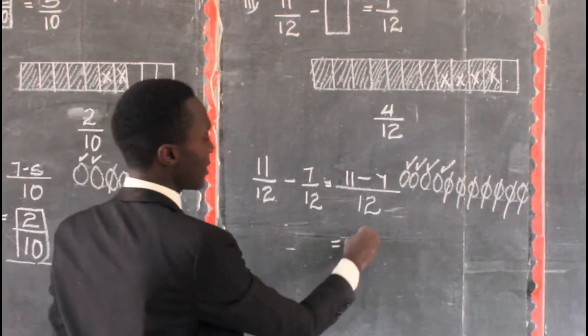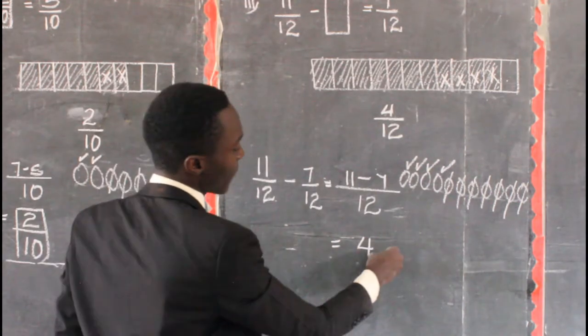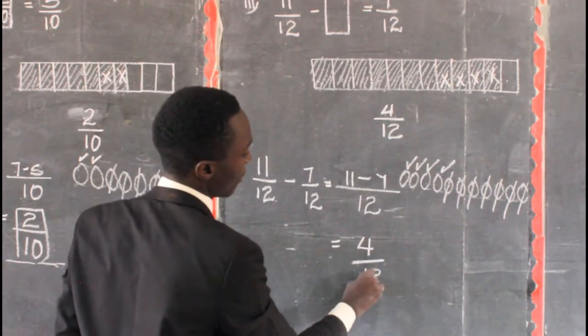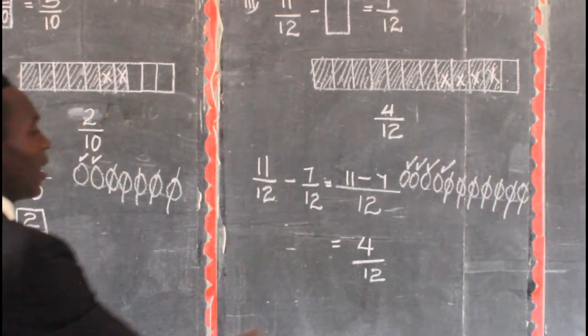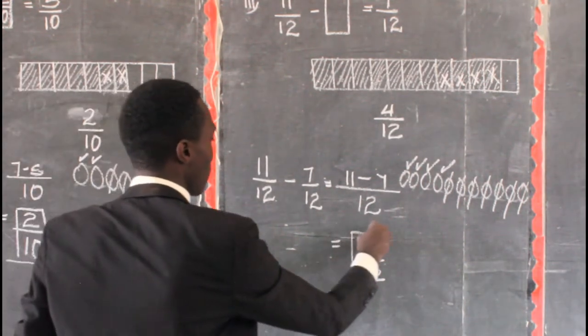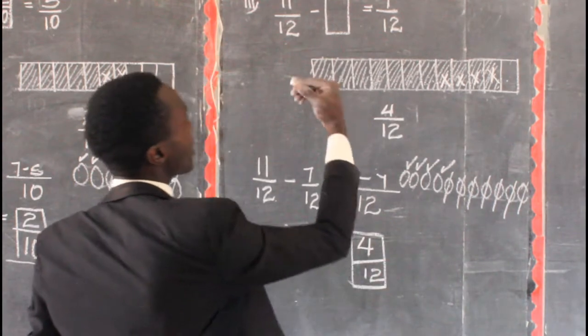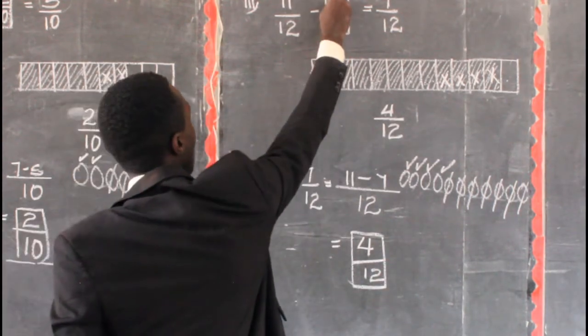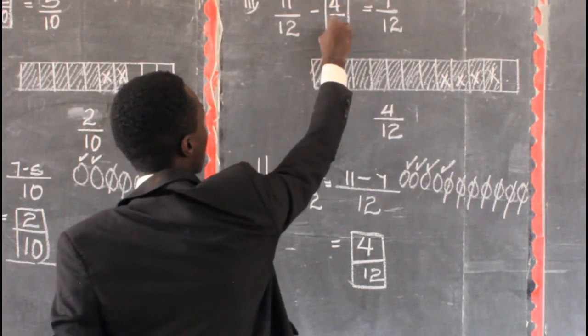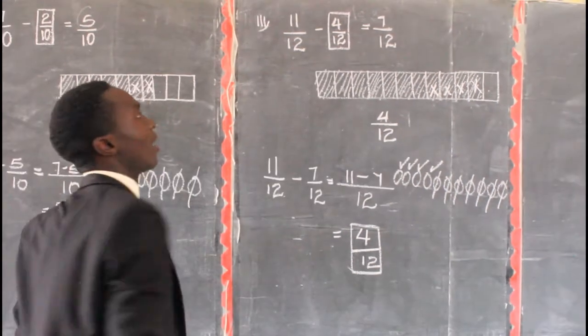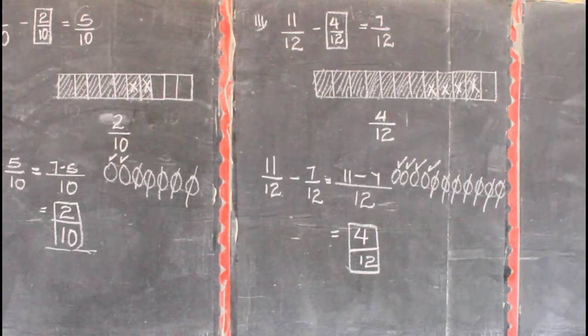So you will say the answer is 4 out of 12. So in both ways you will reach the same answer. This 4 is the one that you should put in your table. For my answer is 4 out of 12. So that is our answer.